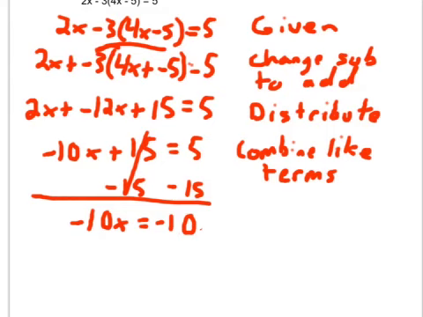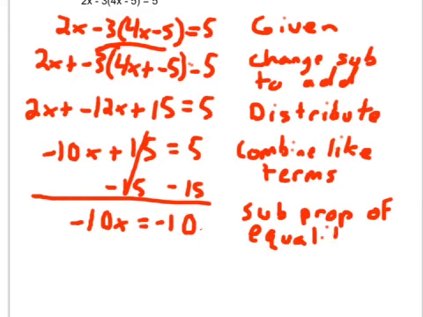Now, I know we had an addition property and a multiplication property of equality where we said we could add or multiply both sides of the equation by the same thing. Well, there's also a subtraction property of equality. That's the property that states that we can subtract the same thing from both sides. And there's also a division property of equality if we need to divide on both sides.